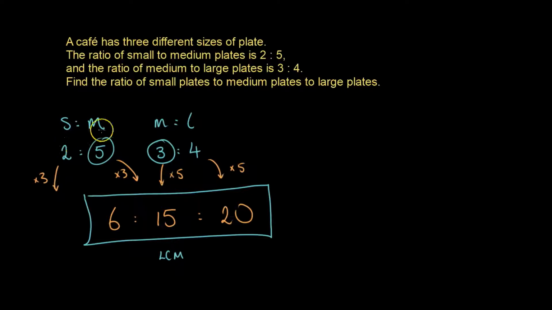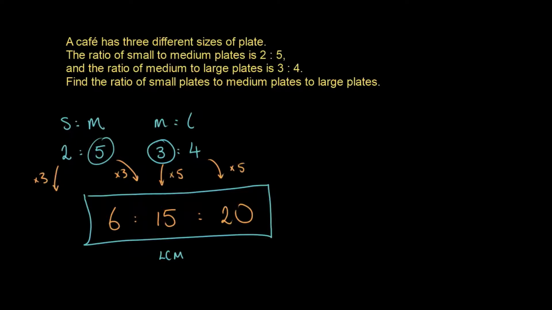So I've multiplied each ratio by the number it takes to get that medium plate number to the lowest common multiple. And this side I've multiplied by a different one, as 3 requires a different number to get to 15. So that's the first method of doing it, by finding the lowest common multiple of the shared item.